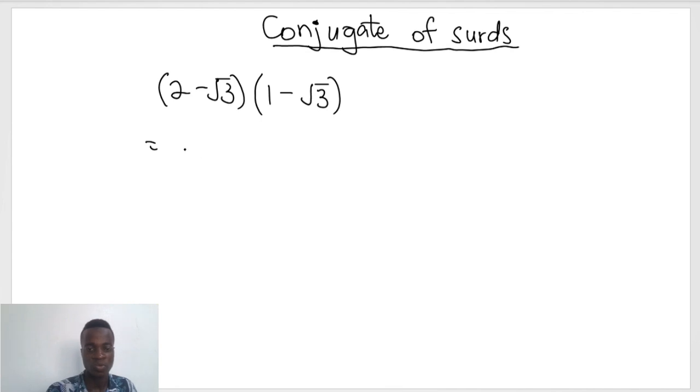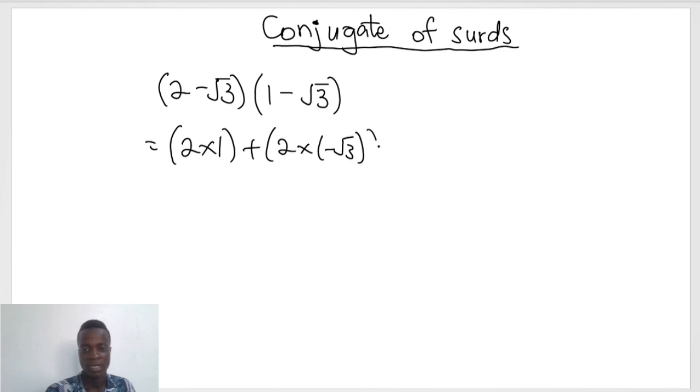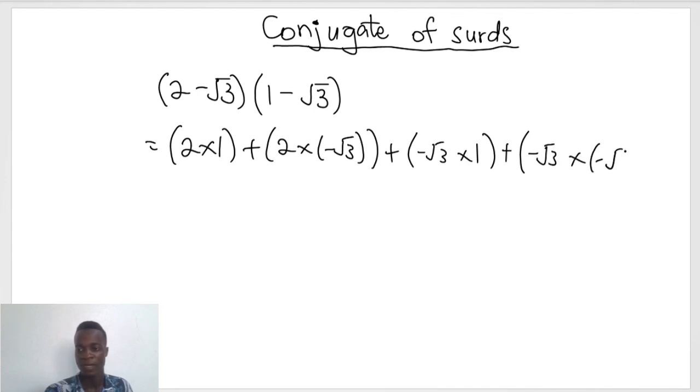So 2 times 1, then this 2 multiplies this term -root 3, so plus 2 times -root 3. And then this one will also multiply this one. We use a second expansion: that will be -root 3 multiplying 1, then plus -root 3 multiplying -root 3.